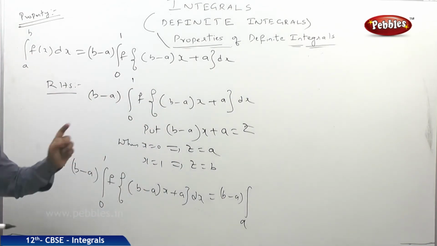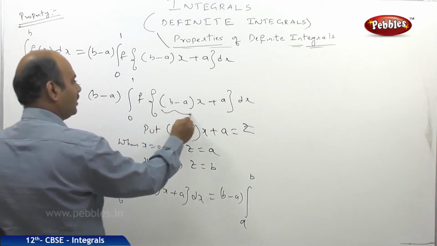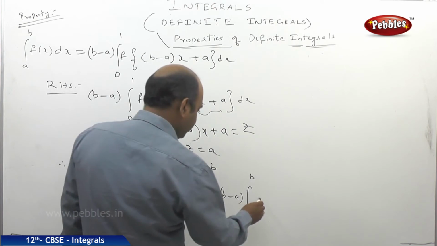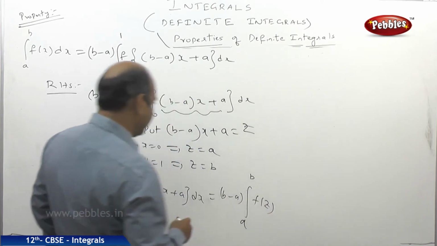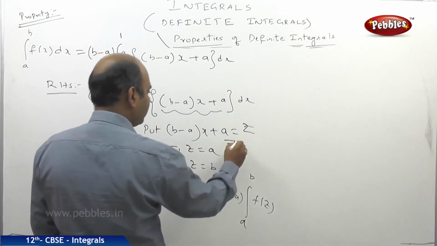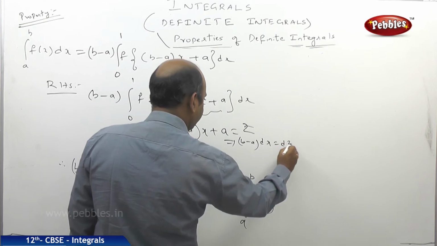When x is equal to 1, I'll be getting z value as b, and in place of b minus a into x plus a, I need to put z, and here if I differentiate, what happens? b minus a into dx is equal to dz.